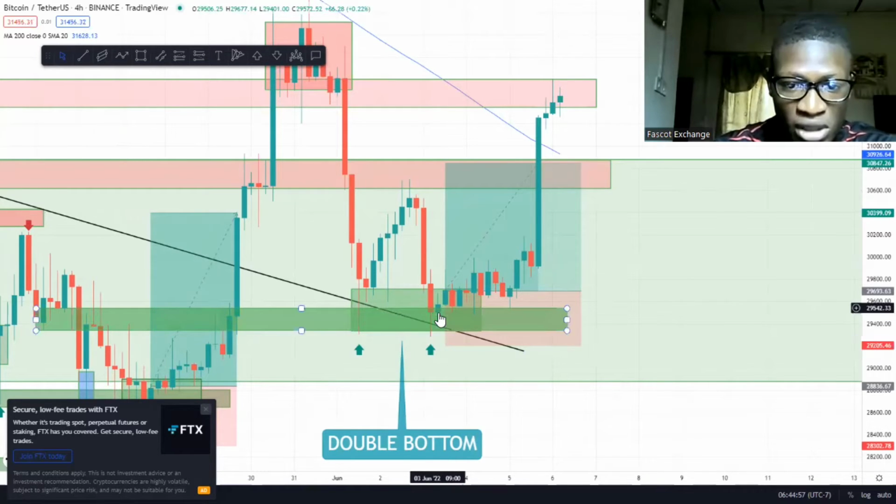Once this indecision candle opens, the next candle was supposed to continue the trend, which means they are still selling, right? But immediately you see price pumps from here, it couldn't get into it, which formed a clear double bottom. And after a double bottom, you would like to find your entry.